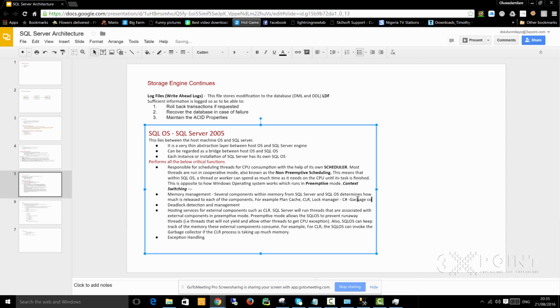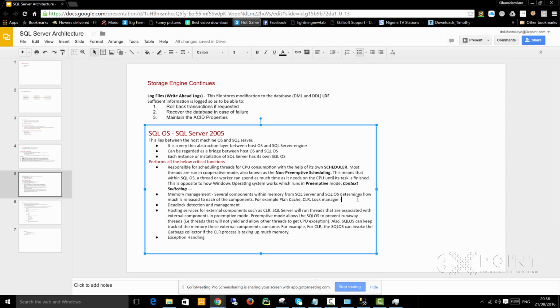What the garbage collector does is look into the memory, find the ones that are idle or no longer in use, and try to release them. So the memory management that SQL OS does is, for example, extra work to look out for idle areas within the memory and then assign them to other ones that need the memory.